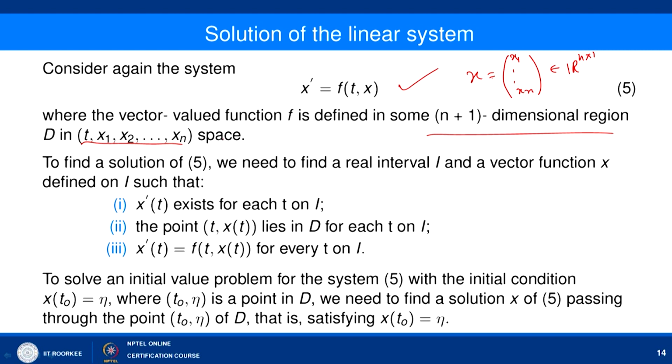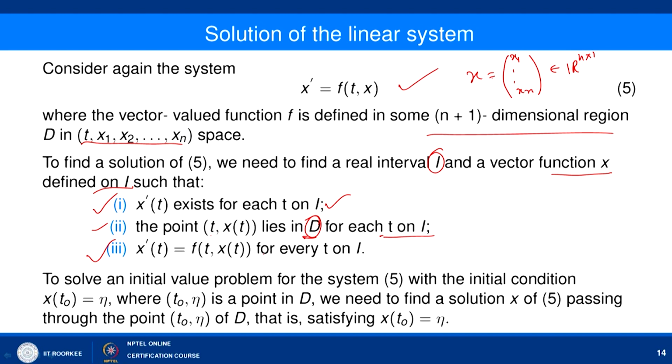Now what do we mean by solution of the system? To find a solution of the system 5, we need to find a real interval I. First of all, we need to find an interval I in which this vector function x is defined, in a way such that x dash t exists for each t in I. Second, the point (t, x(t)) lies in domain D for each t in I. So for each t, the tuple (t, x(t)) will lie in domain D. Third, x dash t equal to f(t, x(t)) is satisfied.